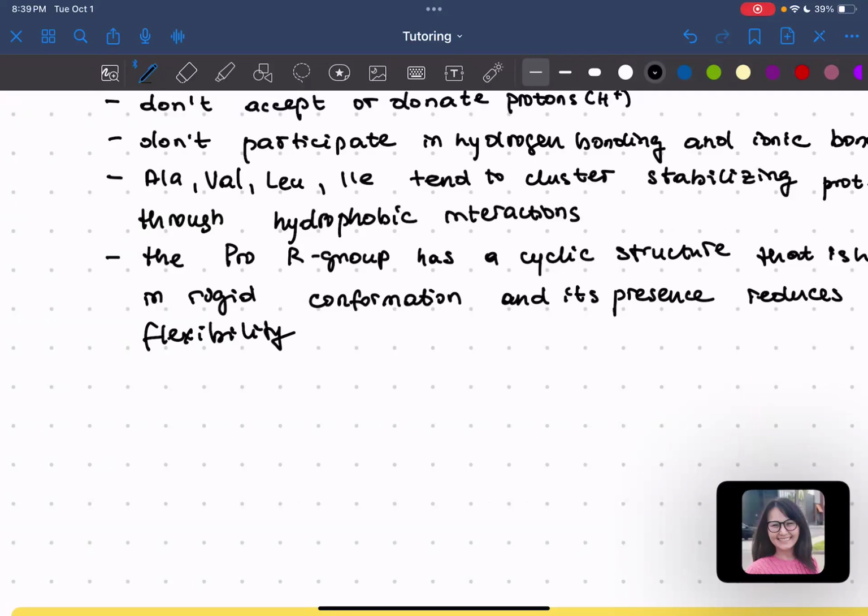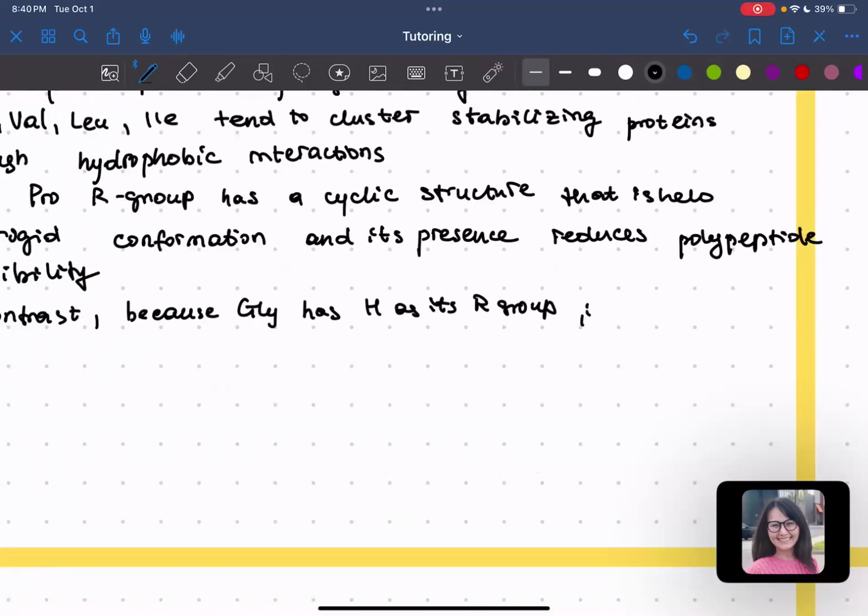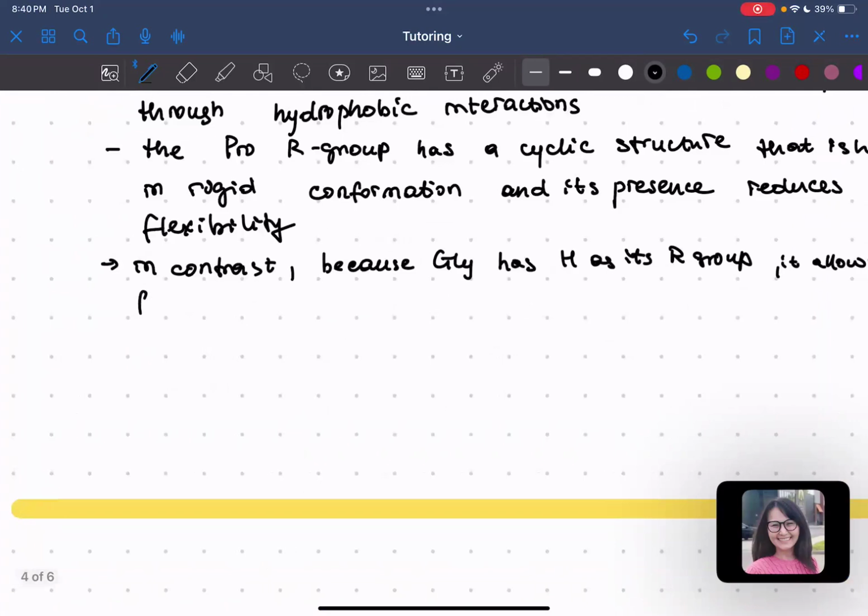And interestingly, in contrast, because glycine has hydrogen as its R group, it allows protein flexibility.